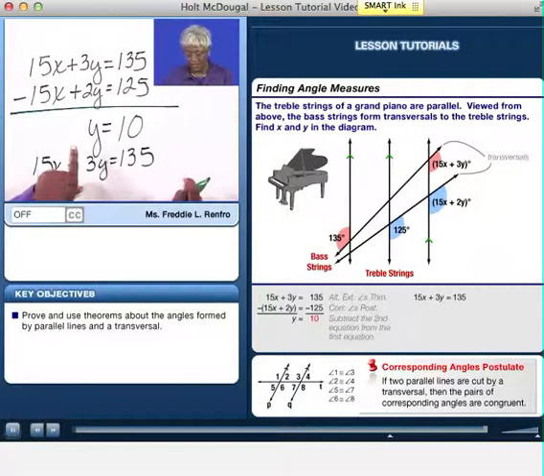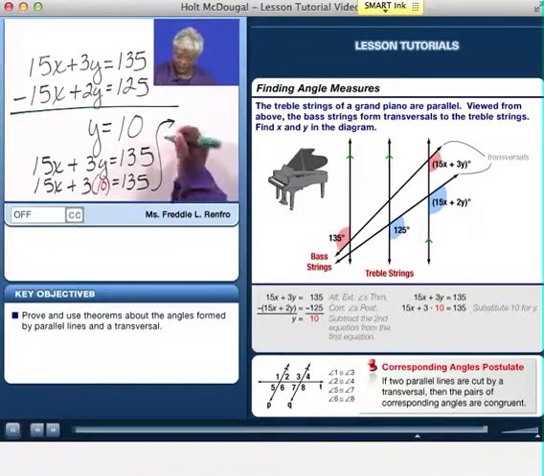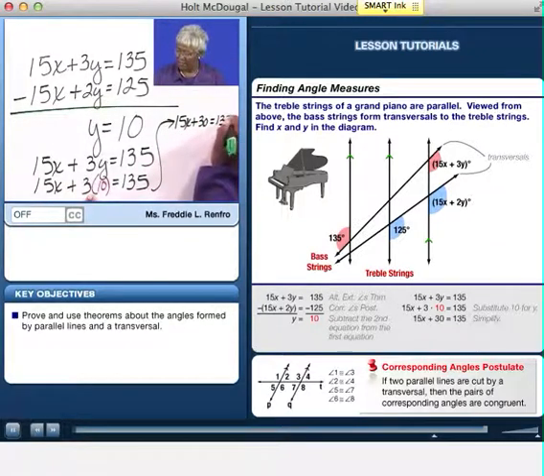I'm just going to simply substitute 15x plus 3 times 10 equals 135. We get 15x plus 30 is equal to 135. Okay.